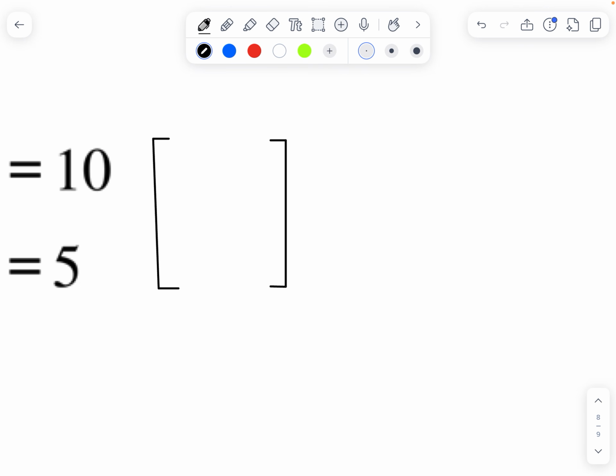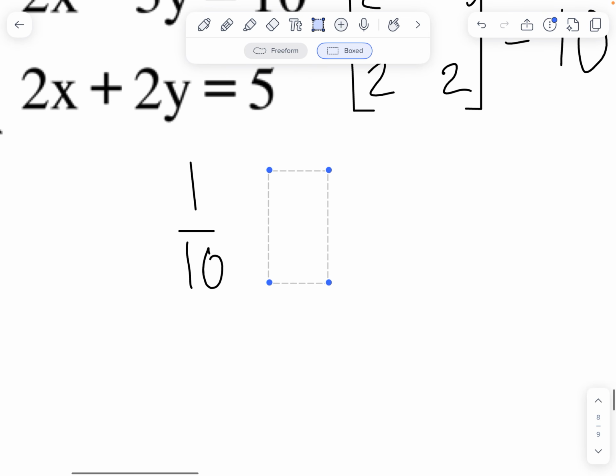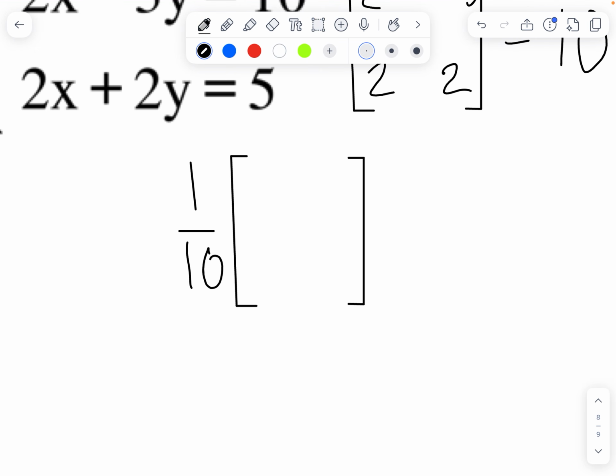Okay, so this is 2, -3, 2, 2 equals 10. That's our determinant. So it's 1/10. And so now we do the switch. So it's 2, +3, -2, 2.